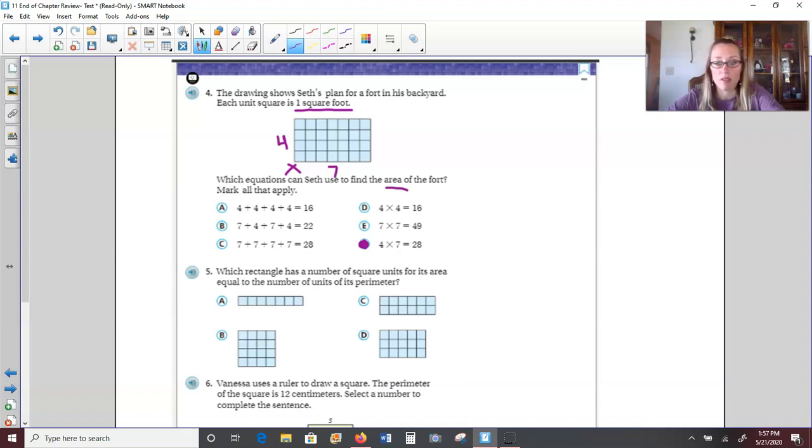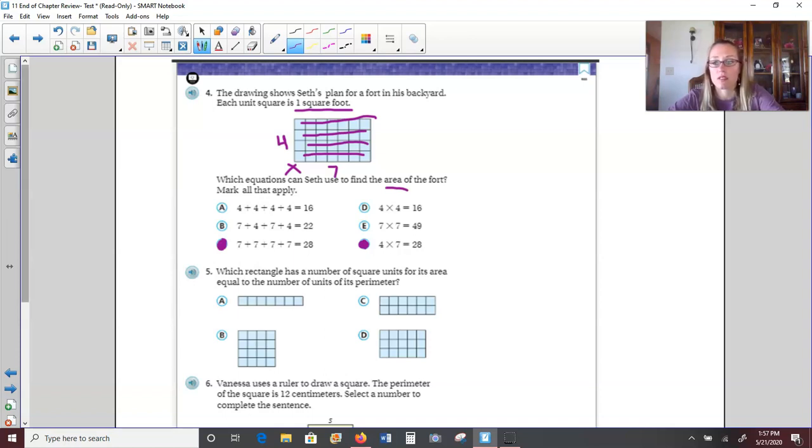You see that anywhere? 7 times 4 would be the same as letter C, 7 plus 7 plus 7 plus 7. That would mean they were adding rows of 7 to get the total of 28. Okay, so letters C and F are correct answer choices.